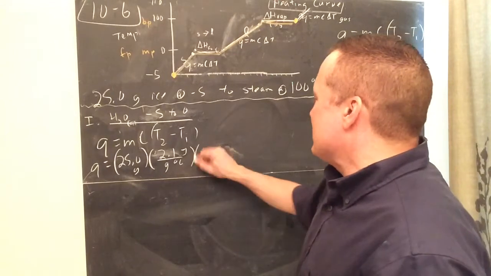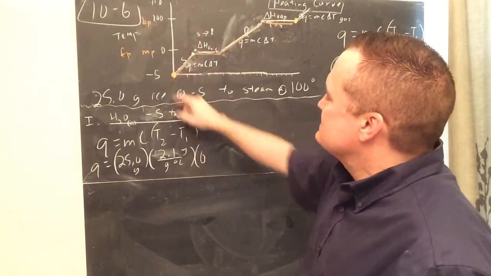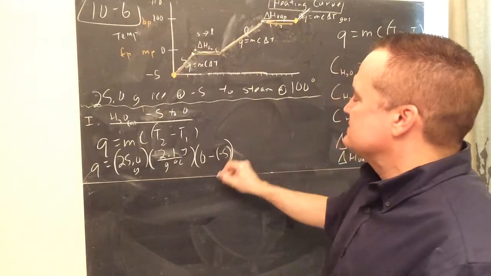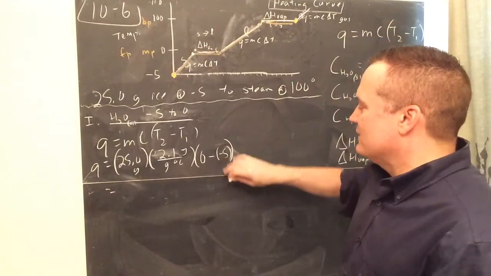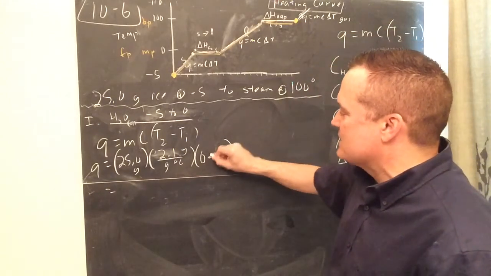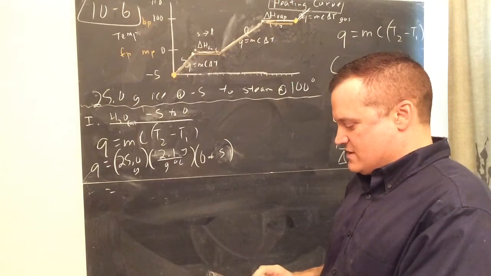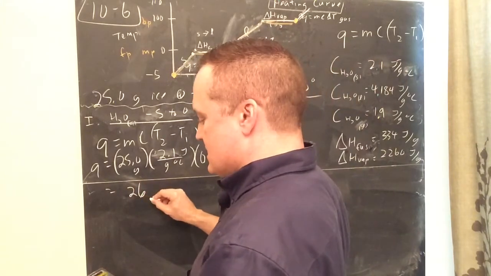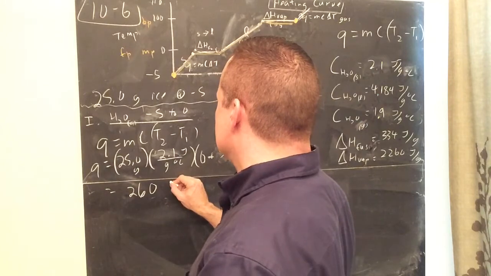So the final temperature is going to be 0, minus the initial of -5, so it's a +5. So 0 plus 5 right there. Minus -5 becomes 0 plus 5. Okay, so 25 times 2.1 times 5. 260, really 260 with sig figs. 260 joules.